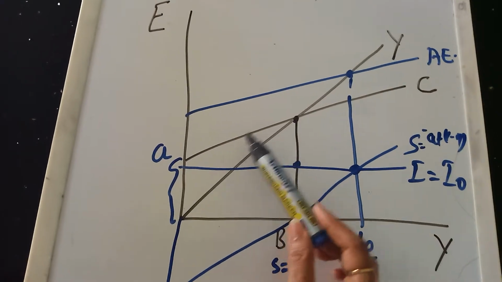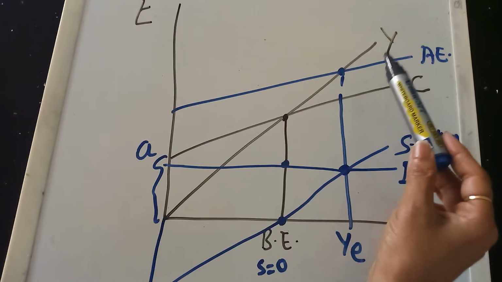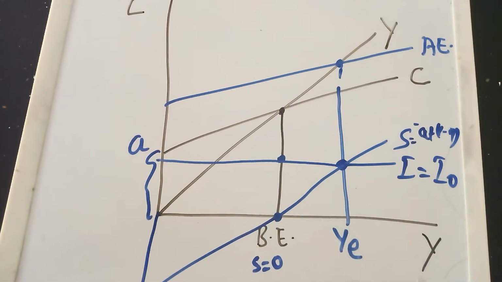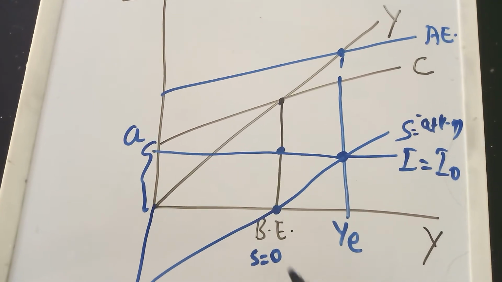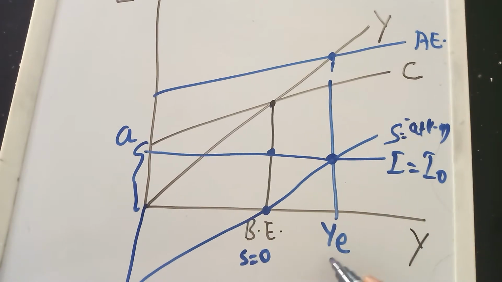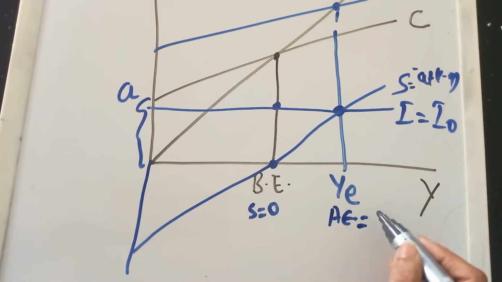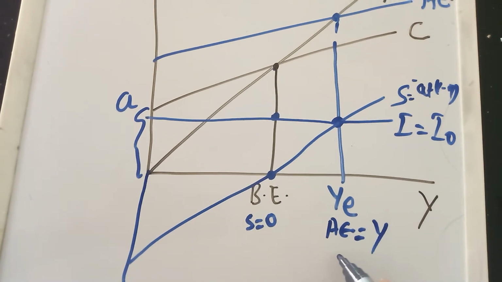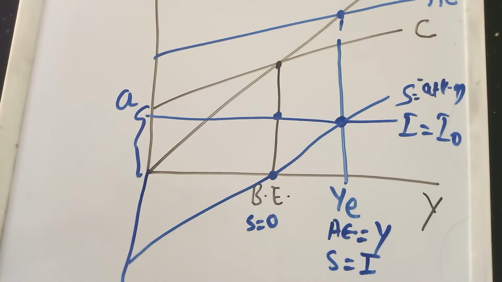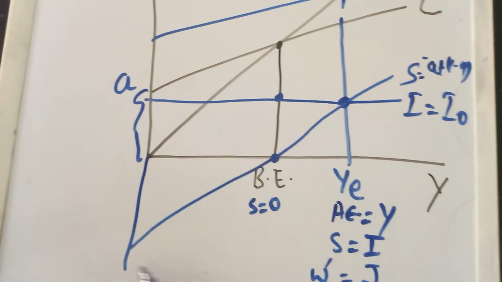The first thing you did was the consumption and the income line, drew the break-even, and then drew the aggregate expenditure line where it is equal to income, and that becomes the equilibrium income. Condition 2 is for break-even, savings must be 0, and for equilibrium income, not only is aggregate expenditure equal to income, but also savings are equal to investment, and that is because withdrawals are equal to injections.